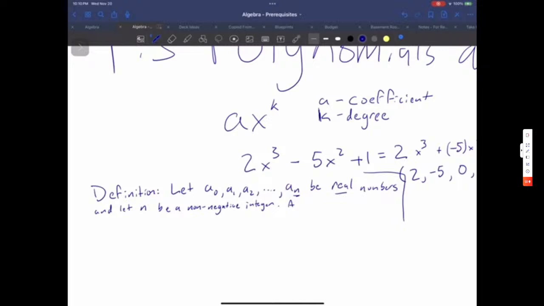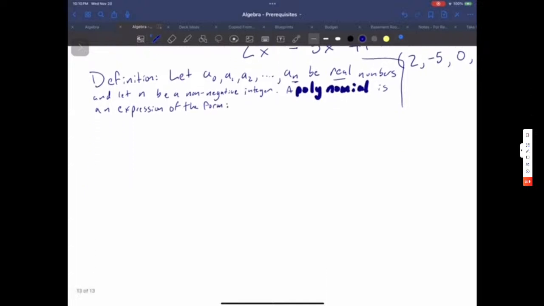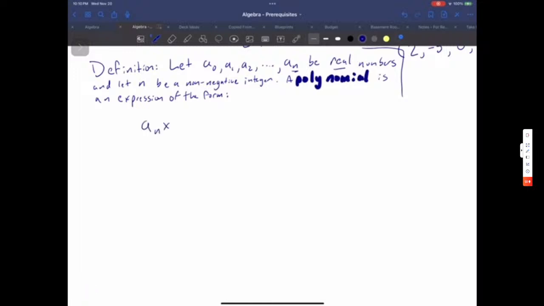A polynomial, and that's only to highlight that it's a term that we should remember, is an expression of the form a n x to the n plus a n minus 1 x to the n minus 1 plus all the way down to a1 x plus a0, where a n is not equal to 0.